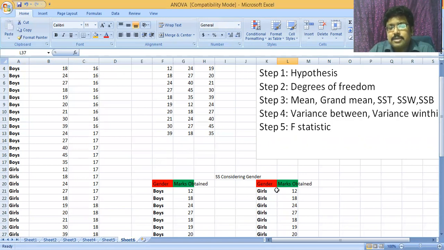So variance means the mean square. Okay, mean sum of square. When the mean sum of square is calculated, dividing the variance between by the variance within, you have the F statistic.